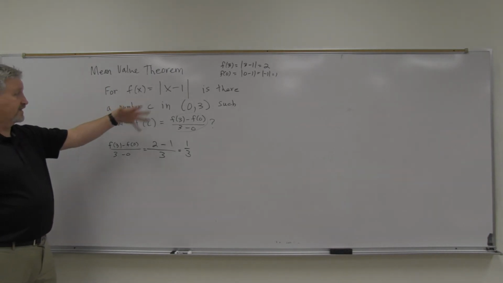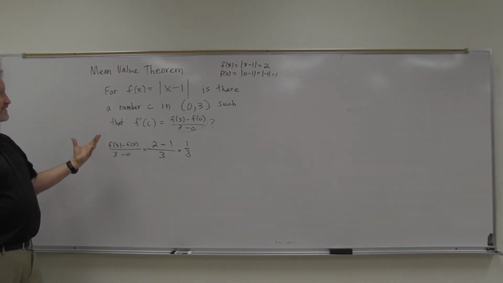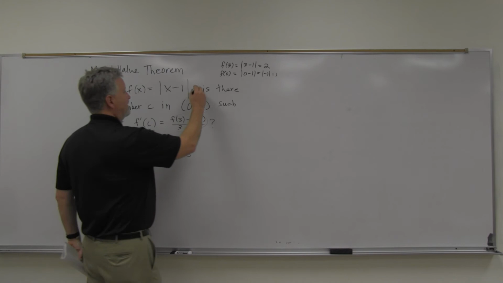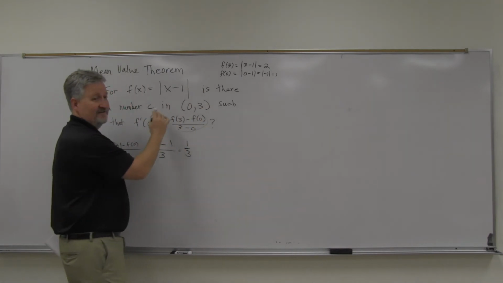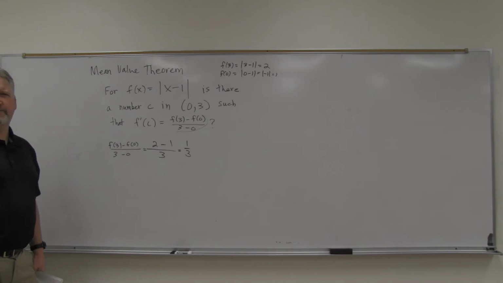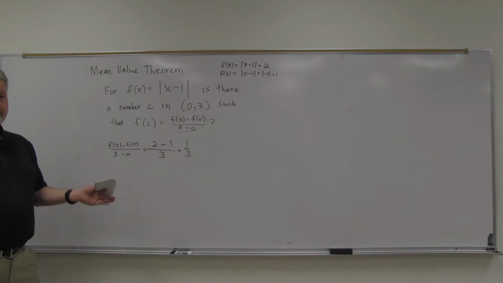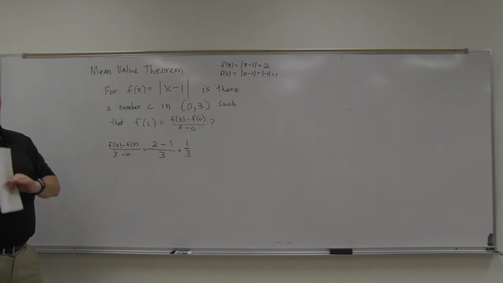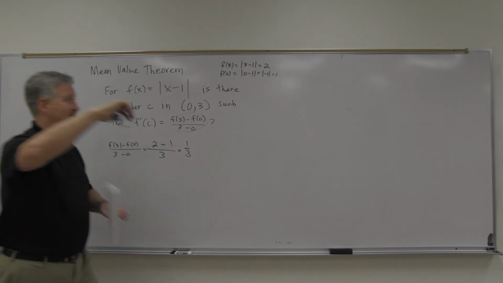Well, again, a couple of reasons for doing this. Let's review what's going to be the derivative here. Remember on the absolute values, what we did? We split it into piecewise.